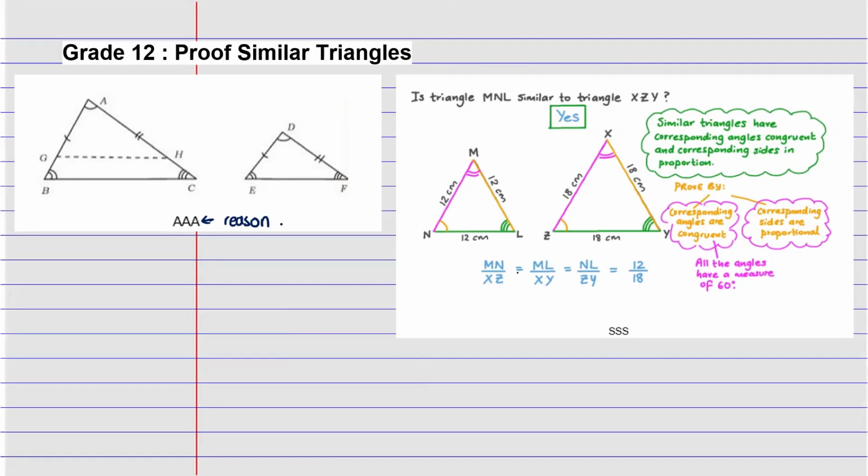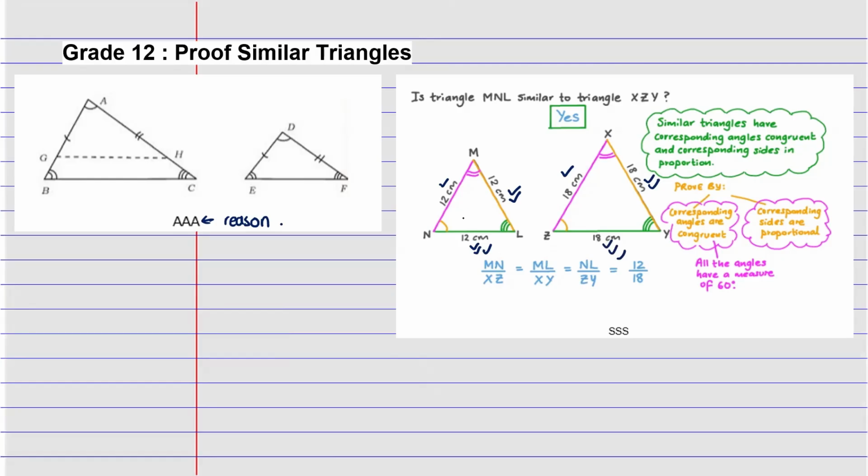So if I can prove that MN divided by XZ is equal to another pair, which in our case is going to be ML divided by ZY, let's do a double tick there. And if we can prove that the last one, ML with 3 ticks, is equal to this one as well.